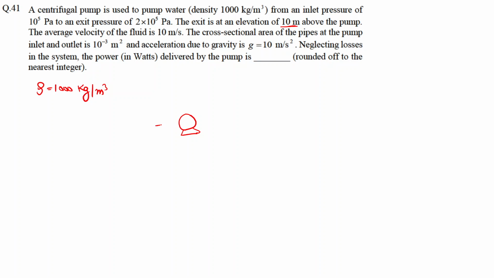So if this is our suction of the pump over here, let's just call it as 1. At 1, the pressure is 10 raised to 5 Pascal, and the exit is 10 meter above the suction. So if this is the exit, then this will be 10 meter. Let's just call it a second point. And at second point, the pressure is 2 into 10 raised to 5 Pascal.